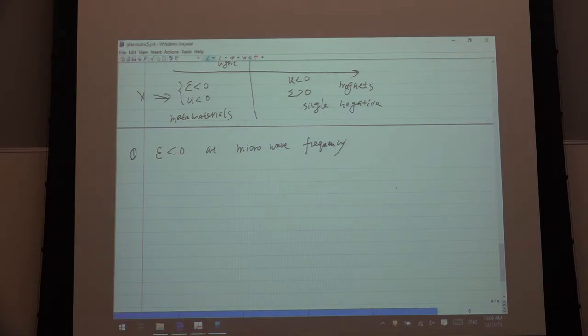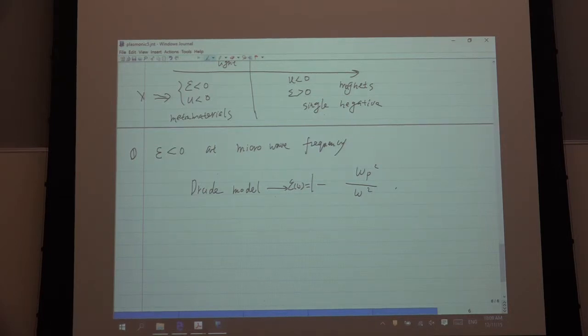Everyone knows the Drude model, which you learned for metal. Epsilon of omega equals 1 minus omega p squared over omega squared. From this equation, we know that if omega is smaller than omega p, the epsilon is negative, right?